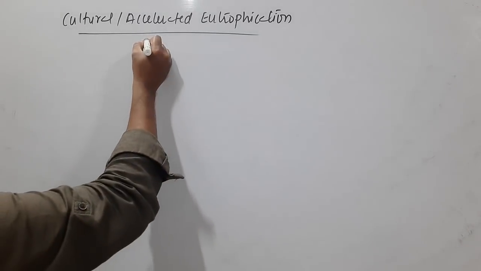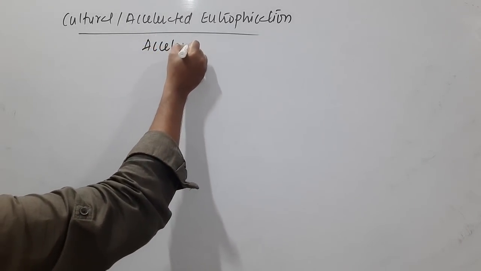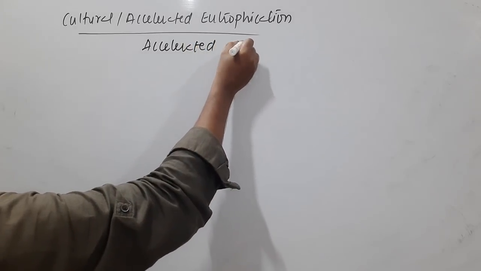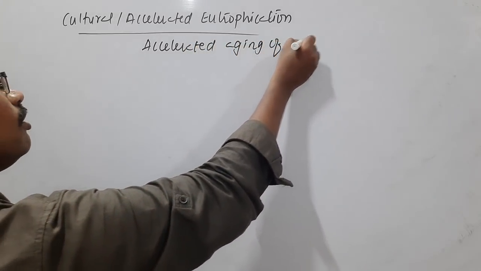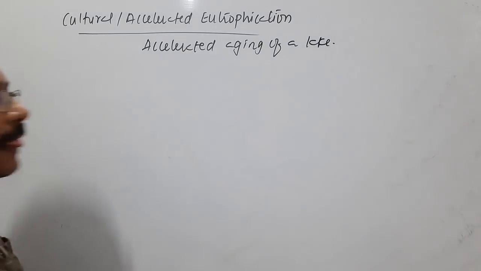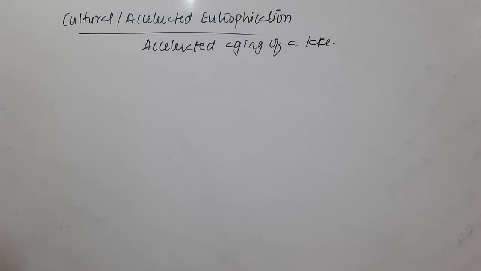So this cultural or accelerated eutrophication simply means accelerated aging of a lake. I told you the natural process of aging of a lake will take several thousand years. But now, in the past century, due to the activities of human beings, this process is taking place at a faster rate.